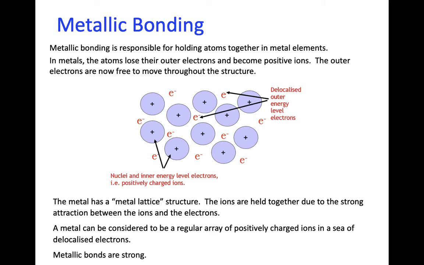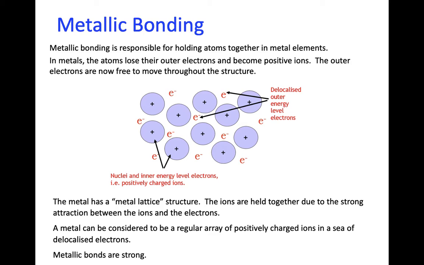There's thousands of them. They're delocalized, which means they don't belong to any of these now positive ions. They bounce from ion to ion, this negative charge attracted to this positive charge, then this one, and that one. So the electrons, which are negatively charged, are free to move through the structure.